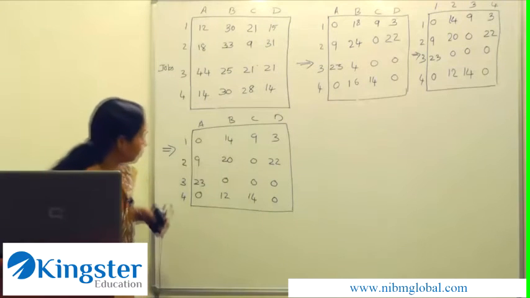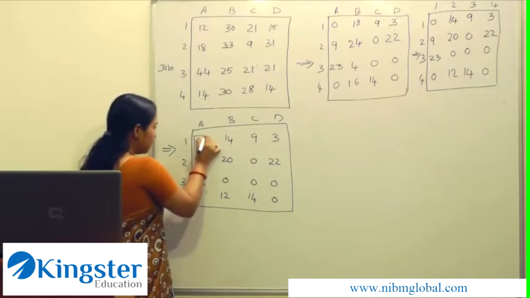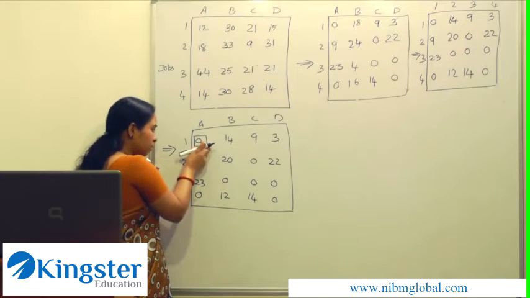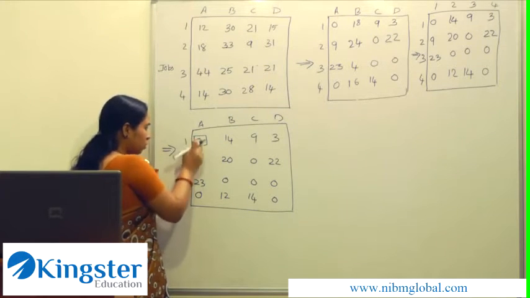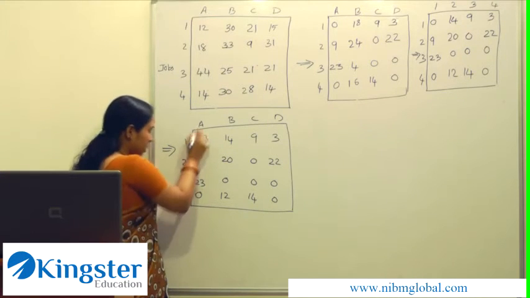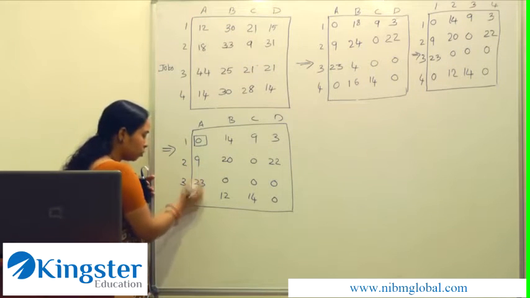So we have a single 0 in the first row, so we give an assignment here. While giving an assignment, cross out all other zeros in the column in which this element lies. Check the first column, which corresponds to A. If there is any other 0 in that column, it should be crossed out.